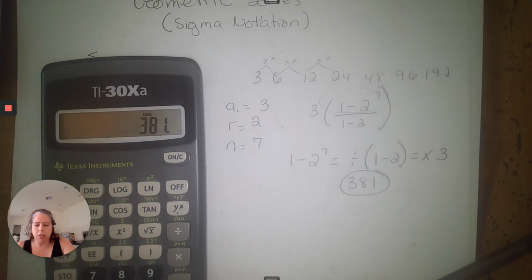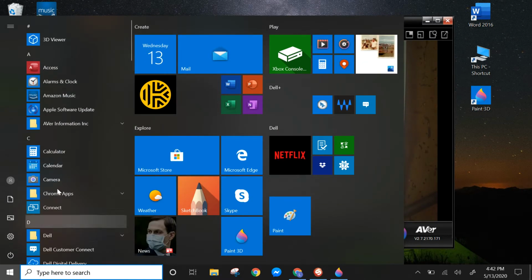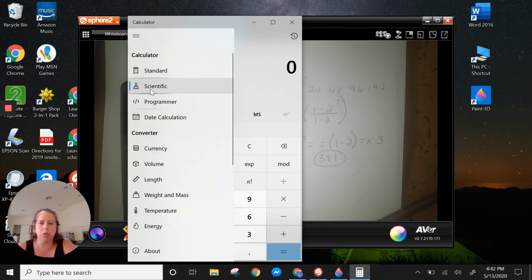I want to show you real quick on your calculator. You can always just type calculator. Okay, one of the things you want to make sure of is that it's a scientific calculator, so you have the y to the x and the parentheses. If you need to change that, go up to the three buttons and click scientific.